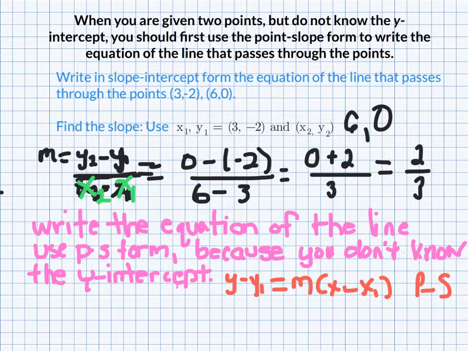Now it says to write the equation of the line using point-slope form, because you don't know the y-intercept. So we don't know where this line is crossing. You have y minus y1 equals m times x minus x1. That's the point slope right there.